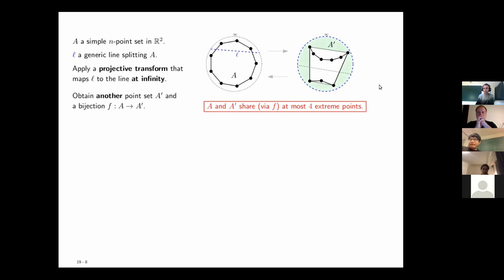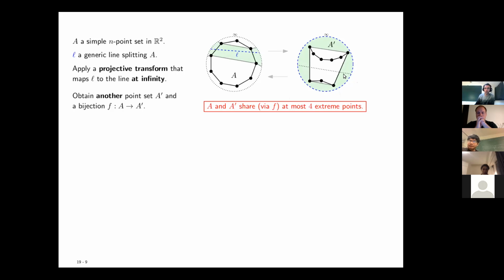The reason is, to be extreme here means that there is a way to move the line at infinity to touch one of the points without sweeping over another vertex. So your vertices should touch this green zone, which is just the region you can sweep by a line without going over a vertex.